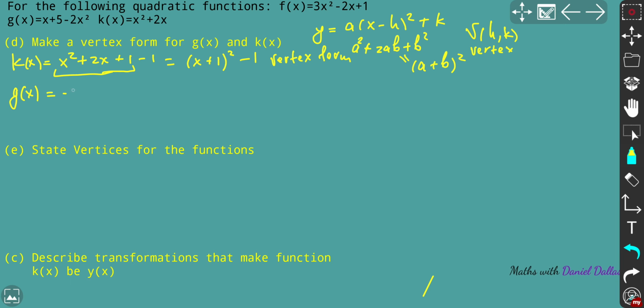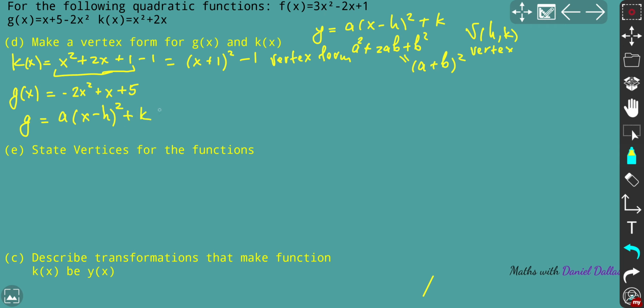So that's why I first rewrite in standard form, and now I'm gonna use the general structure, like this, a(x minus h) squared. So I will use the general form.